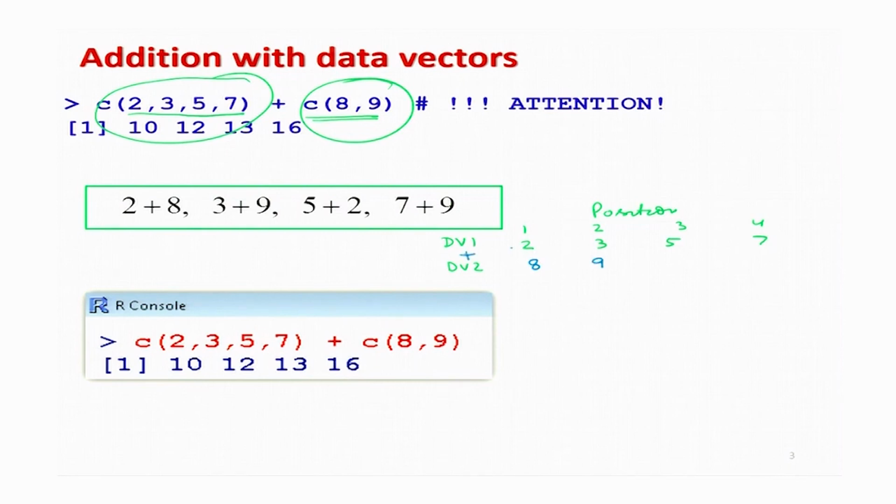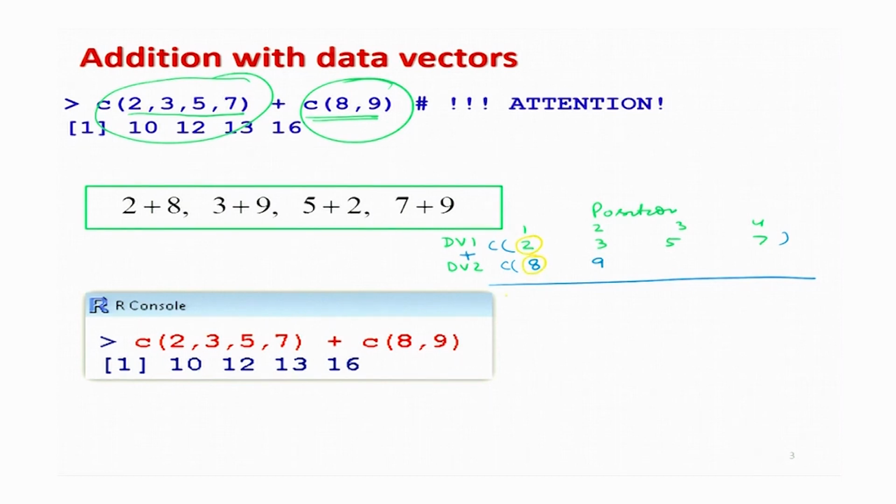So now the same rule is going to be applied and the same type of operations will happen, but let us try to see what happens. As we have discussed, the operations are element wise, so the first element in the data vector 1 will be added with the first element in the data vector 2.